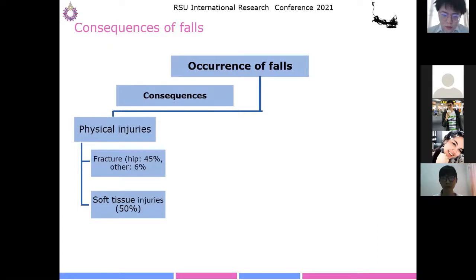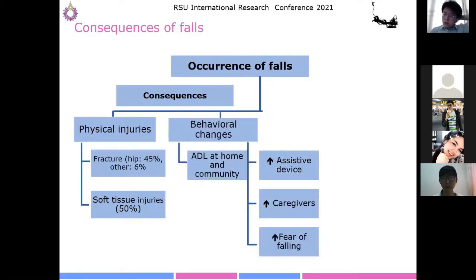At the individual level, physical injuries are commonly reported, especially fracture and soft tissue injury. Falls also have a negative impact on psychosocial function. The individual would change their behavior to prevent future falls, out of concern for fracture or other physical injury.